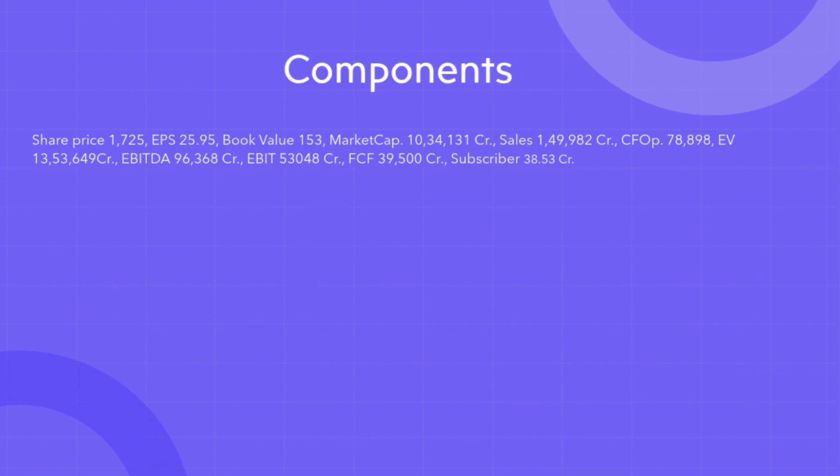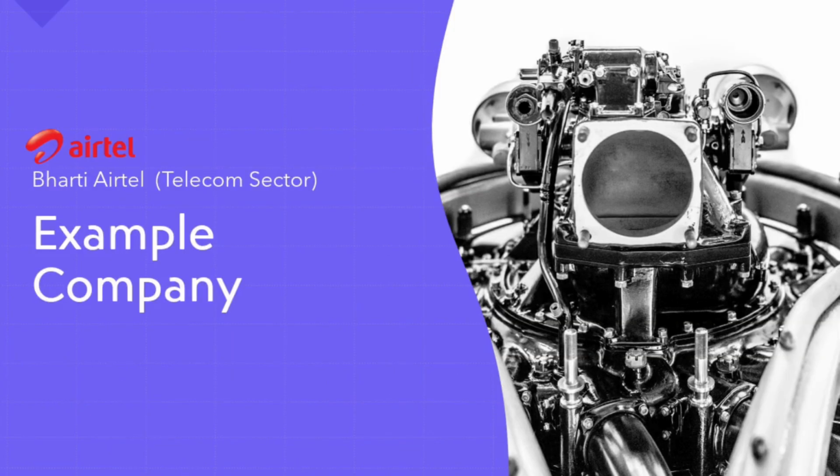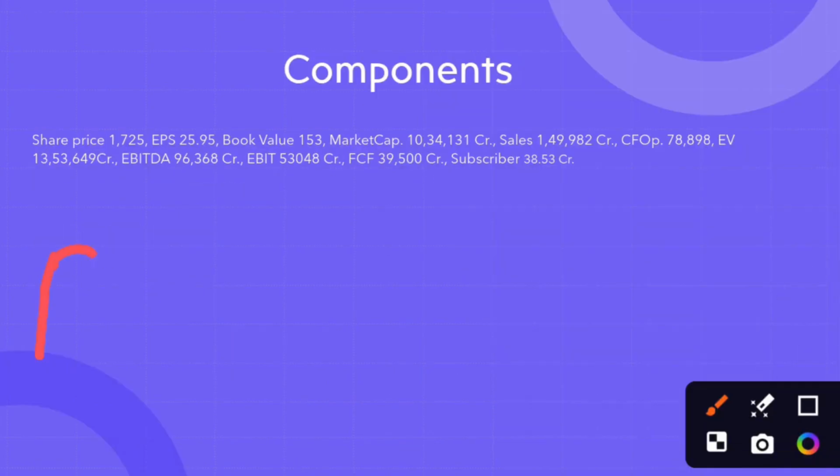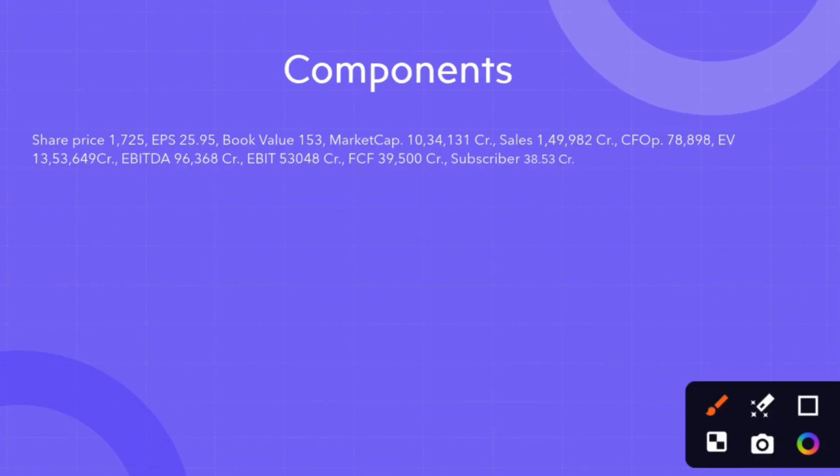Next we calculate the PCF. P by CF is equal to the market capitalization of a company divided by the operational cash flow from operational activities.